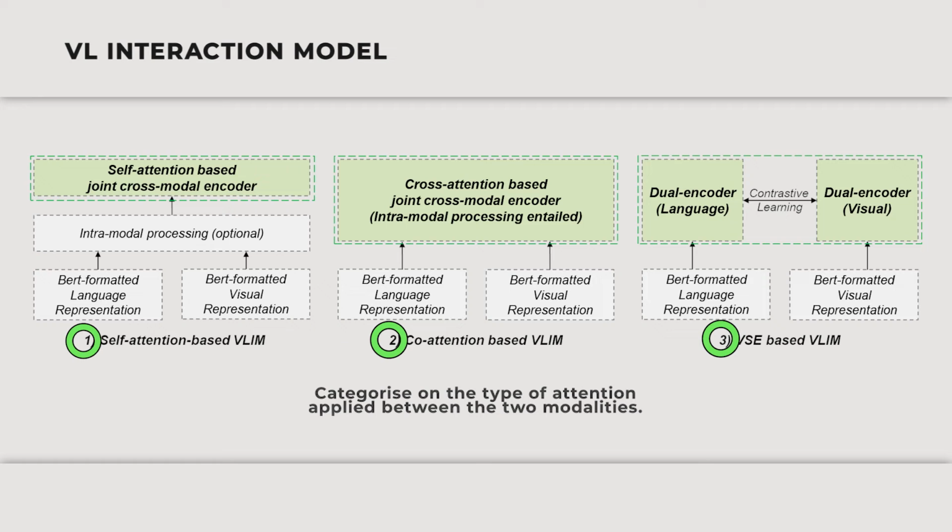They utilize intramodality processing to derive the vision and language representation, while the similarity-based cross-modal alignment is modeled in the shared VSE space at the global level. This dual encoder structure eradicates the fusion-style attention-based VLIMs that are computationally costly and time-consuming.